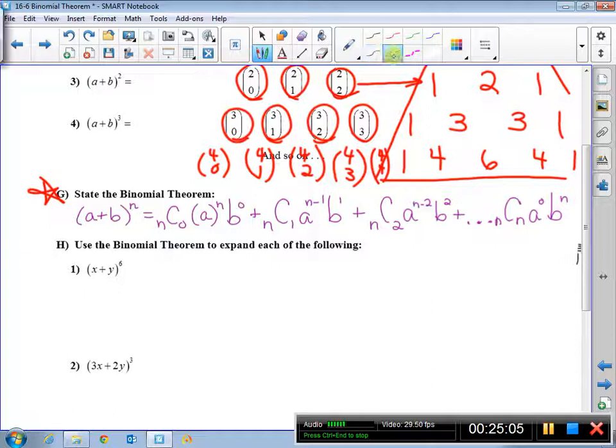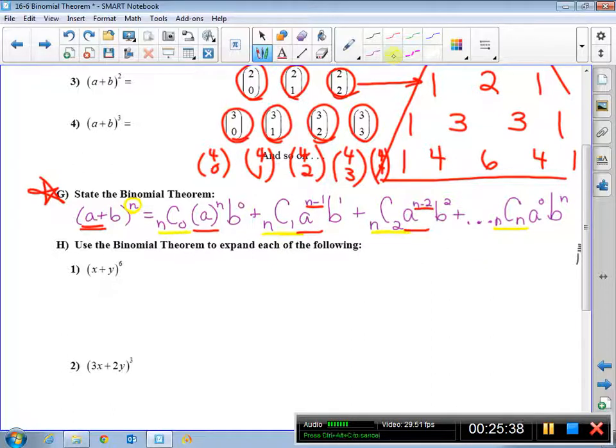Let me point a couple things out to you. We've now learned that our coefficients come from Pascal's triangle, and they come from combinations. So you're going to take this n, and you're going to do n choose 0, n choose 1, n choose 2, and all the way up to n choose n. Then your first term, you're going to raise it to the nth, and then 1 less, and then 2 less.